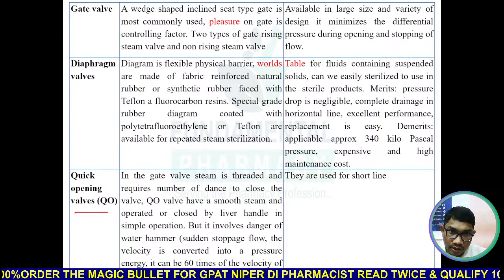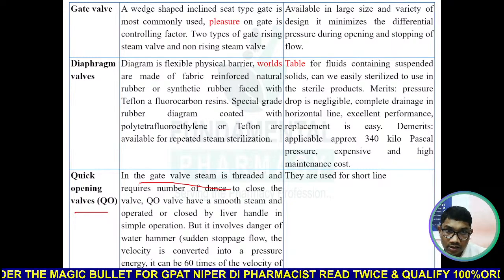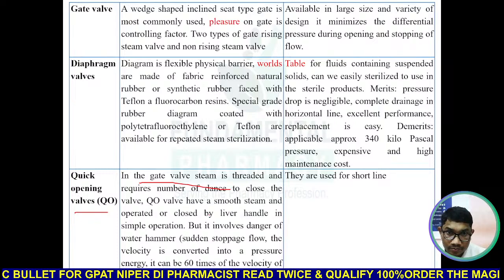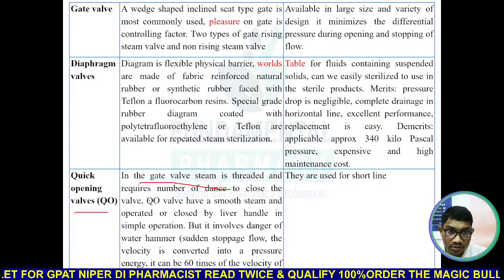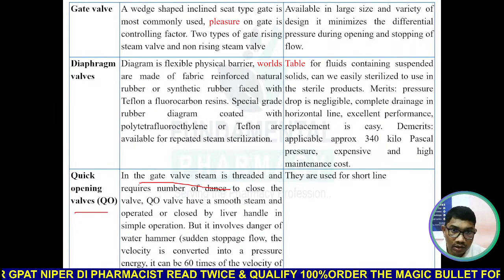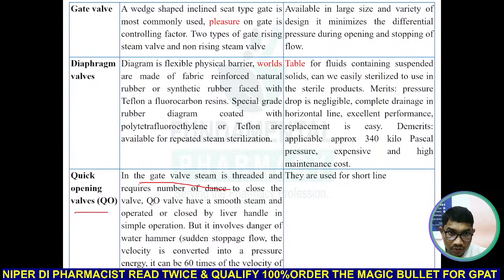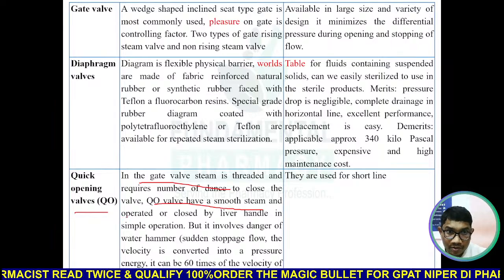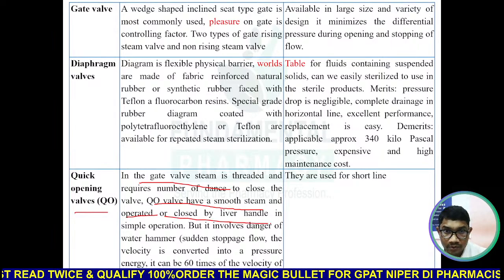तो in a gate valve, stem is threaded and required number of turns to close the valve. Quick opening valves are smooth, stem operated or closed by lever handle.